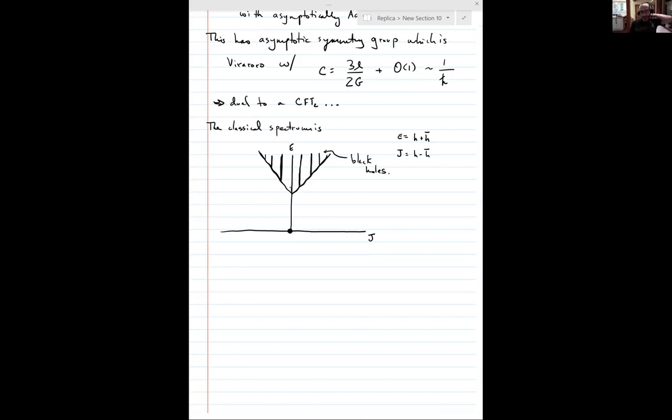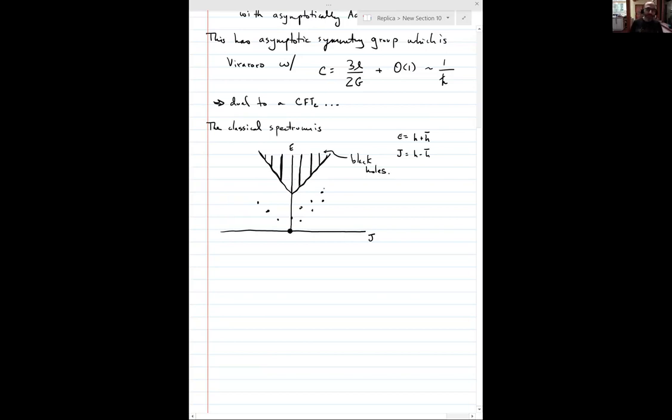Now, if you're just considering pure gravity with asymptotically AdS boundary conditions, then it turns out that there are actually other states in the theory, which people sometimes call gravitons. They're probably better thought of as boundary gravitons or edge modes of the theory. So 2+1 dimensional gravity is a theory with no local degrees of freedom, much like a Chern-Simons theory that you would use to describe some quantum Hall system, for example.